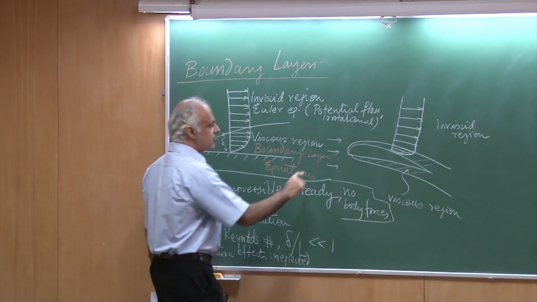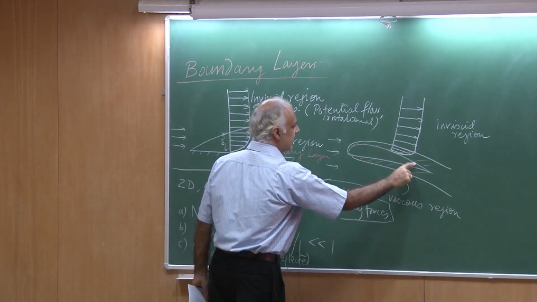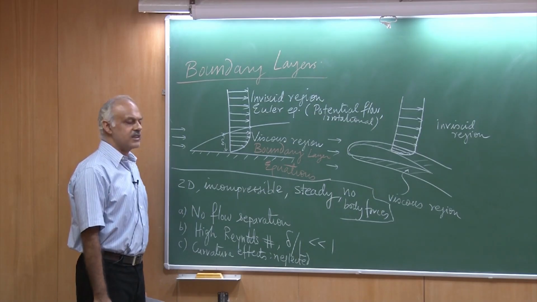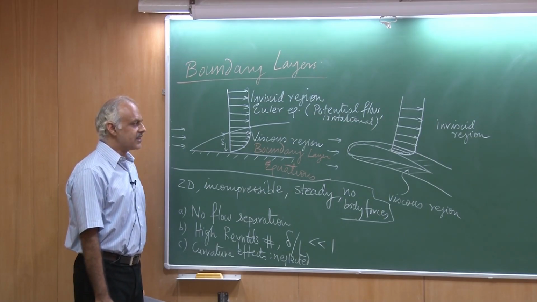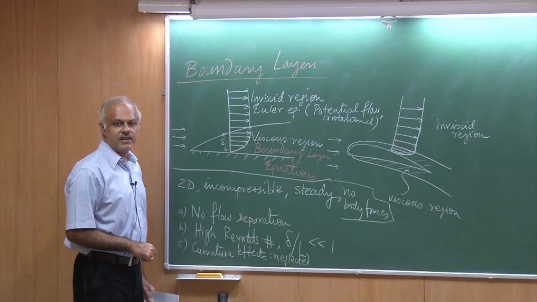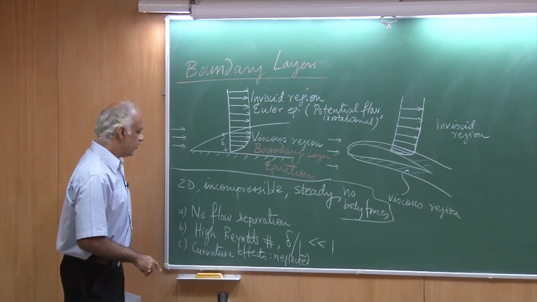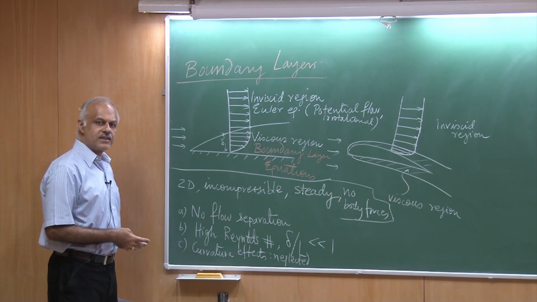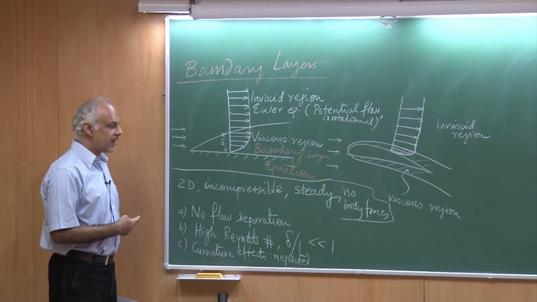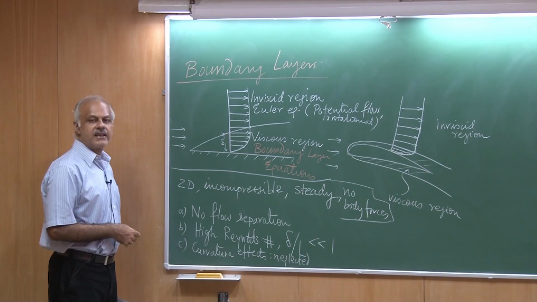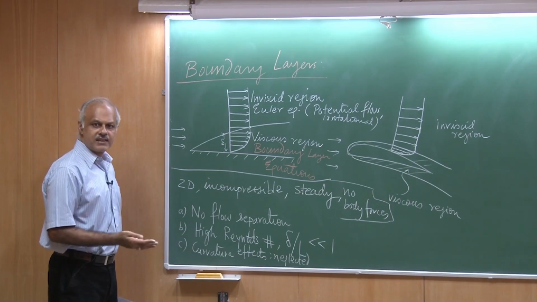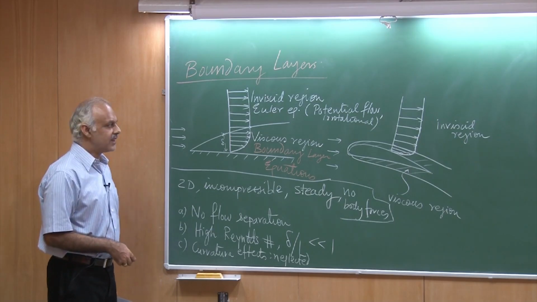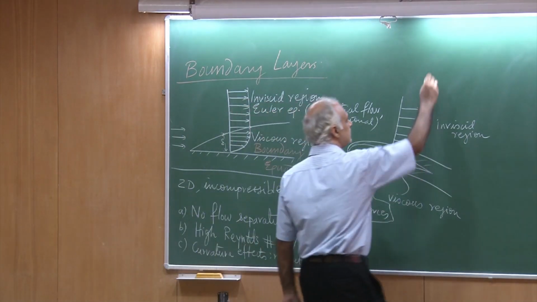So I could actually assume that the x coordinate is along the surface of the airfoil, and the curvature is so gentle that I can think of it as a flattened out airfoil surface. Okay? So with these assumptions, what I am going to do is write down the Navier-Stokes equations, and then we will do some kind of order of magnitude analysis, throw away the terms which are not so large as some of the other terms, and we will get simplified equations.